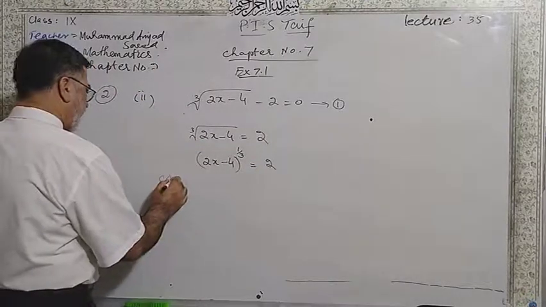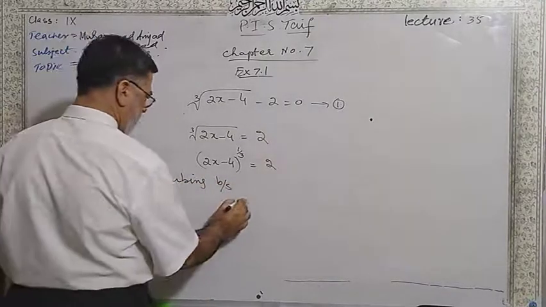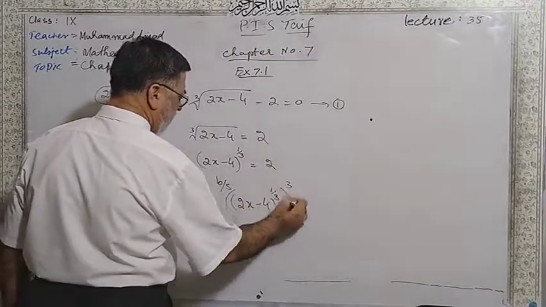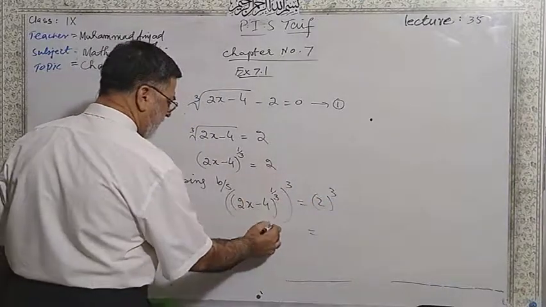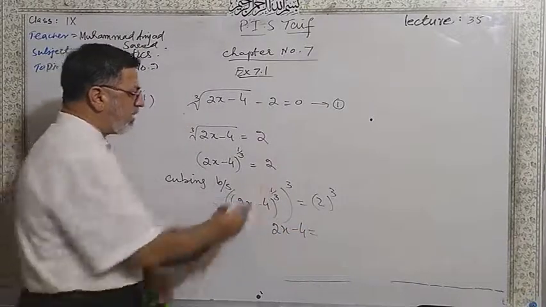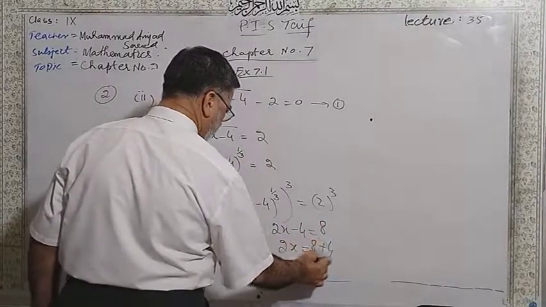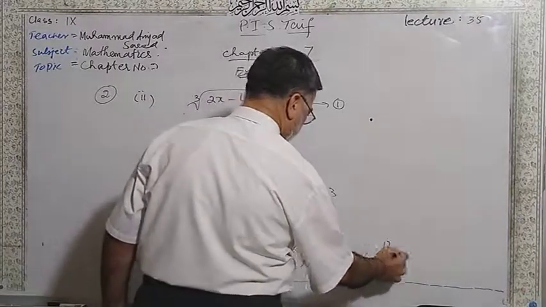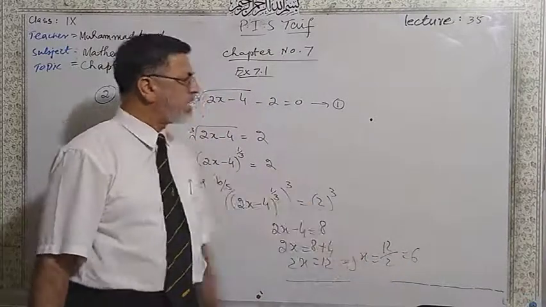So cubing both sides. 2x minus 4 power 1 by 3 whole power 3 is equal to 2 power 3. 3 and 1 over 3 are cancelled out. You are left with 2x minus 4. 3 and 1 over 3, they are multiplied to cancel. That is 8. 2x is equal to 8 plus 4, 12. 2x is equal to 12 and x is equal to 12 by 2, that is 6. So x is equal to 6.